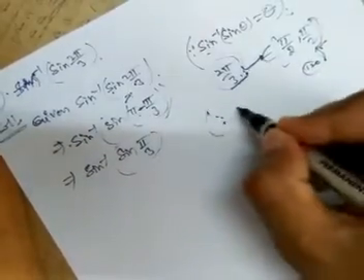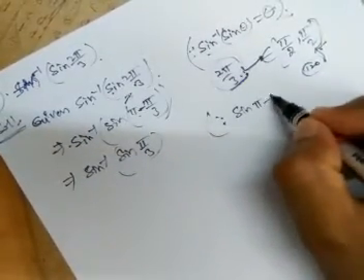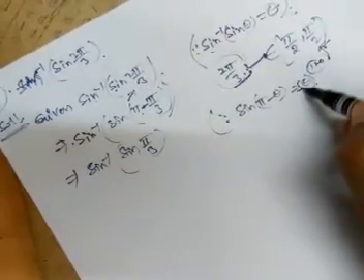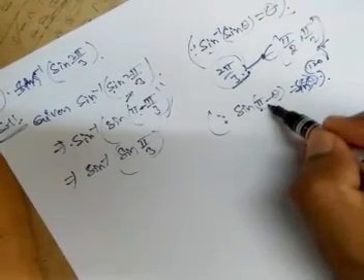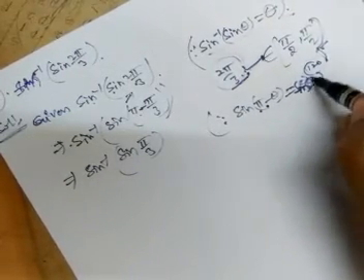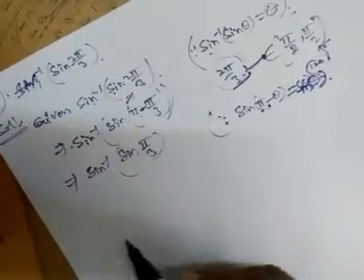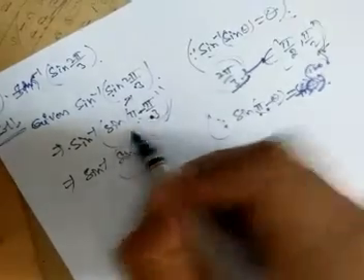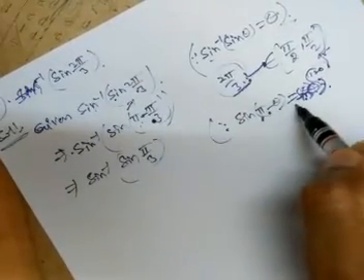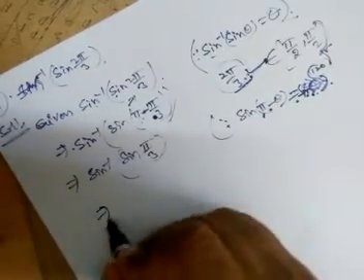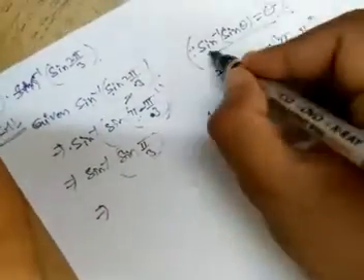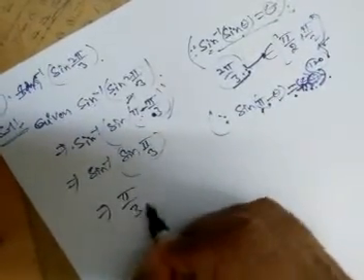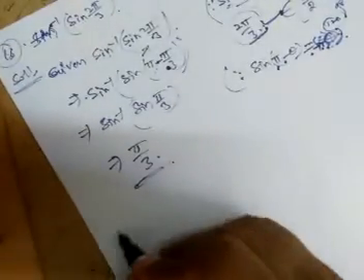Since sine pi minus theta equals sine theta. Pi minus theta is in the second quadrant. In the second quadrant, the sine value is positive, so sine pi minus theta equals sine theta. Now you apply this formula, sine inverse of sine theta equals theta. That equals pi by 3. This is the answer.